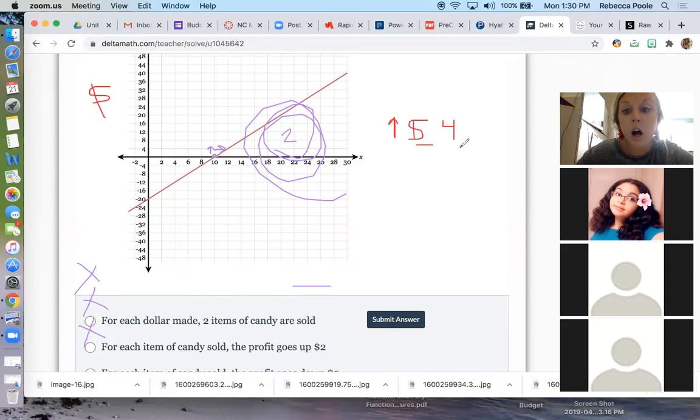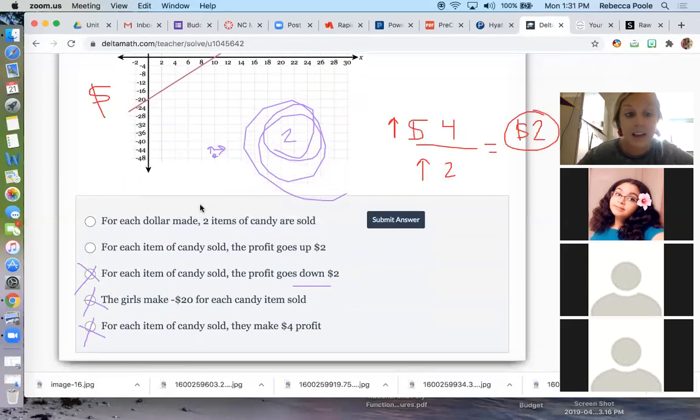That's going up $4 over, who remembers what the x-axis was? The candy. So my candy bars are going up too, right? But when we simplify that, we still have that the money goes up $2, because 4 divided by 2 is 2, right? So that's why Shania was saying it can't be the first one, because the first one says the candy's going up by 2. But what's really going up by 2? The money.